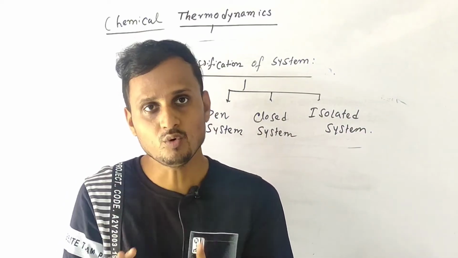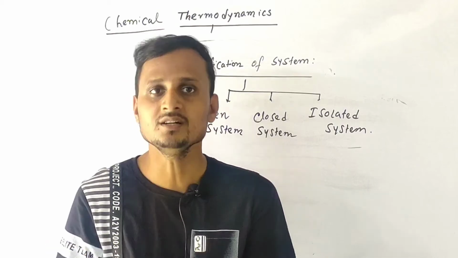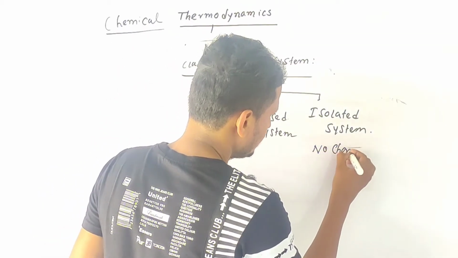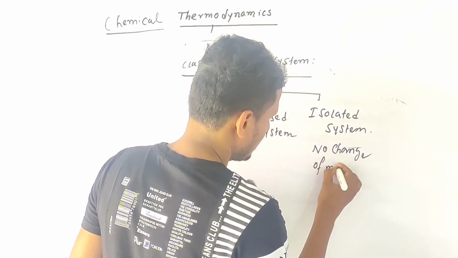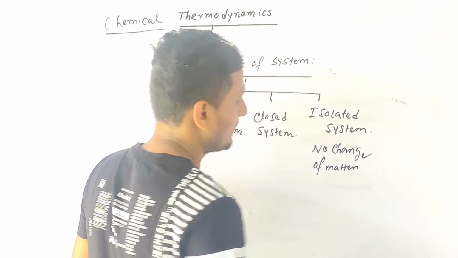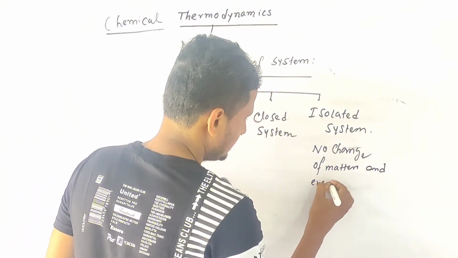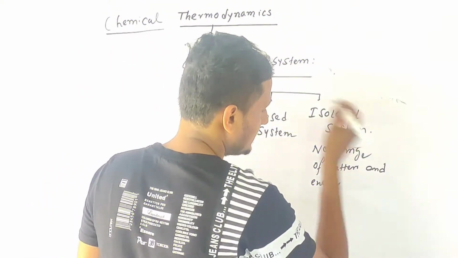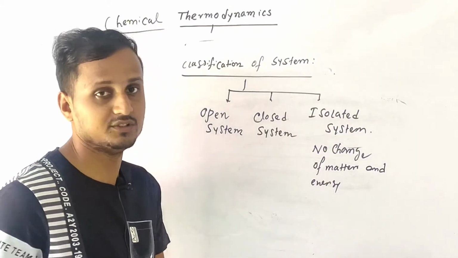There will be no interaction, no change in the matter and the energy with the surroundings. You can use the term transfer instead of change. There will be no transfer of energy and matter with the surroundings.